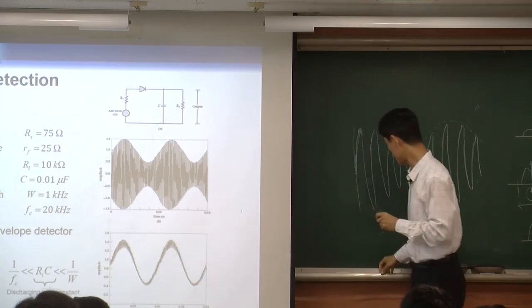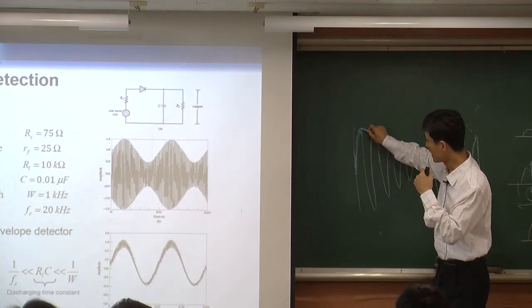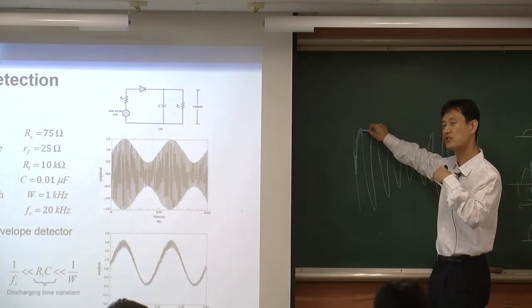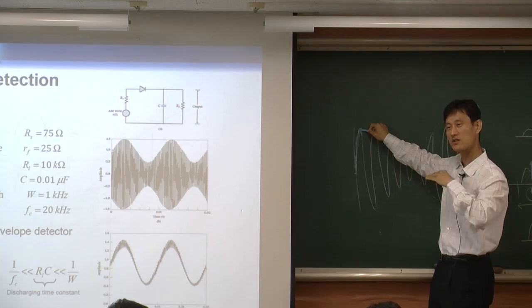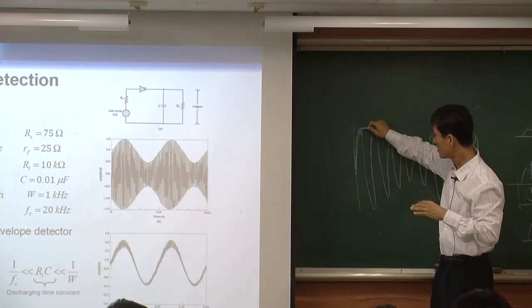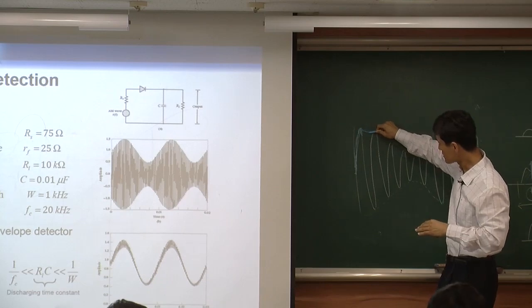When the signal goes up, you are charging very fast, and when the signal goes down, you start to discharge. You release the energy, but that's going to be very slow.